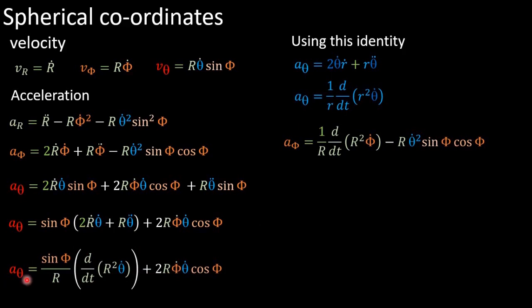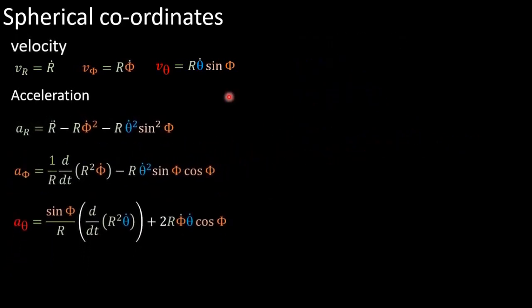So what I did was just rewrite this term using this identity. So these are our final equations for velocity and acceleration in spherical coordinates. If you're not already familiar with these, I would jot these down now, because next we are going to look at an example.